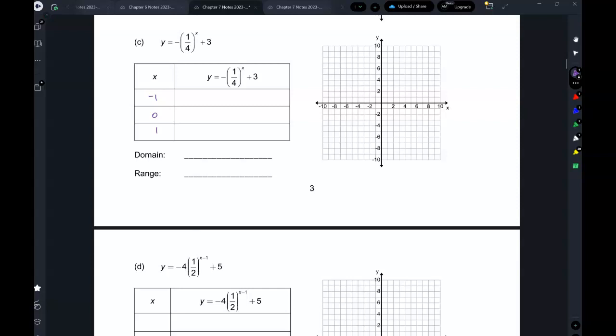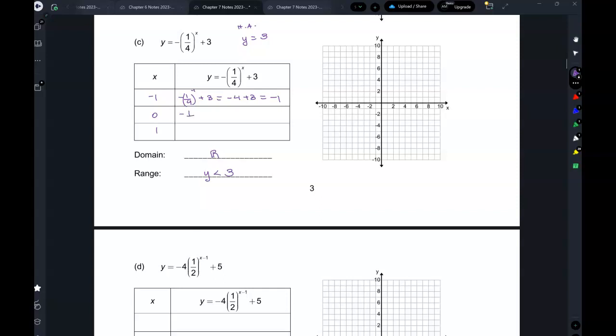So what's the horizontal asymptote here? Y equals 3. So domain is all real numbers. What about the range? Good. So -1 over 4 to the power of -1 plus 3 is -4 plus 3, which is -1. We're in Algebra 2 Honors, we're going to get those negatives correct.